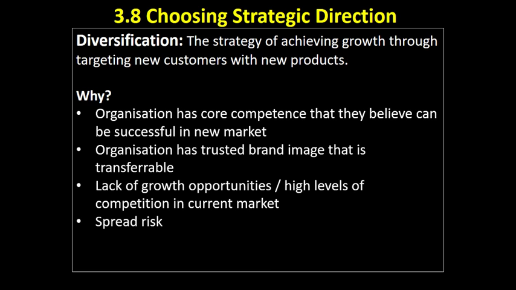If you're just involved in one industry in one place, then if something happens, it can send your business into liquidation. If you're selling to multiple different clients, consumers in multiple different markets, you're more likely to be able to ride out a downturn in one market because another market will be growing.